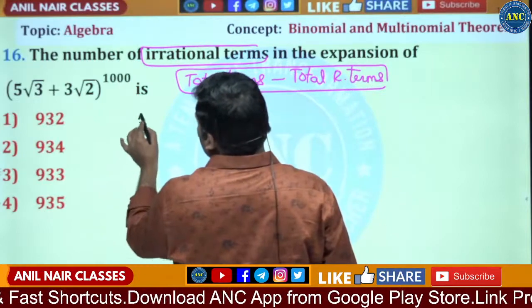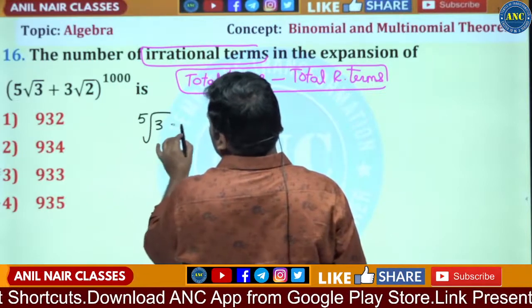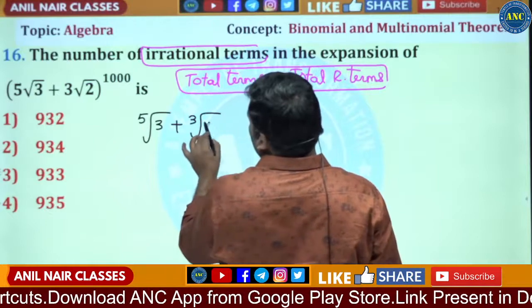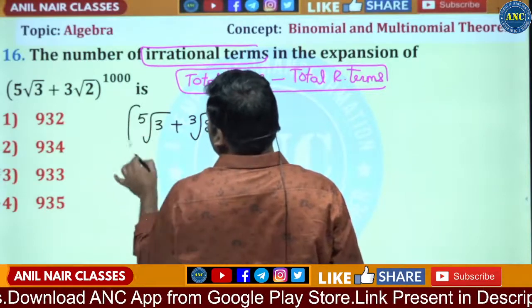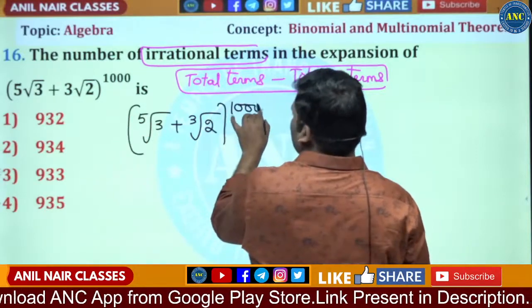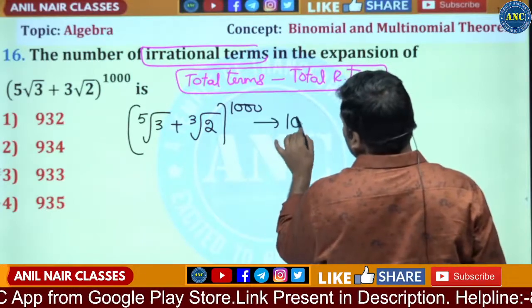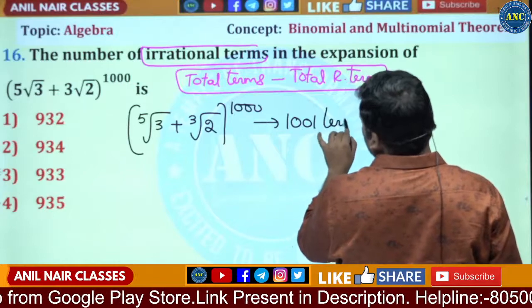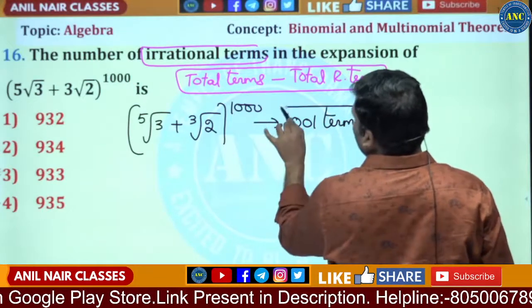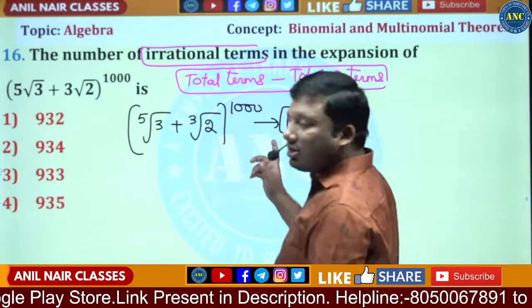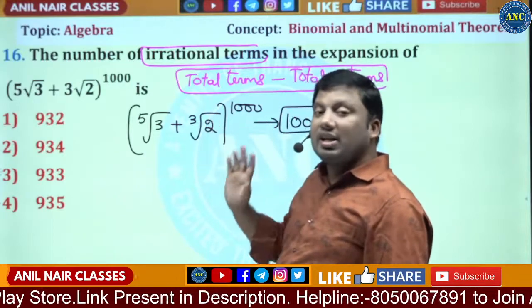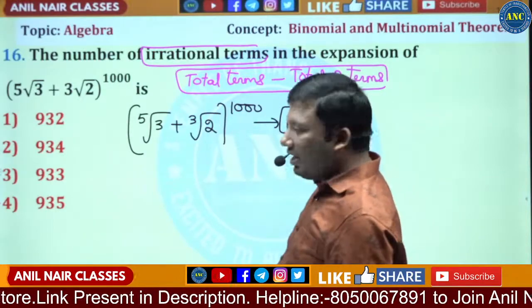So this is (5 root 3 plus cube root of 2) power 1000. If the power is 1000, totally how many terms will be there? 1001 terms. In these 1001, if I subtract rational terms, I will get irrational terms.